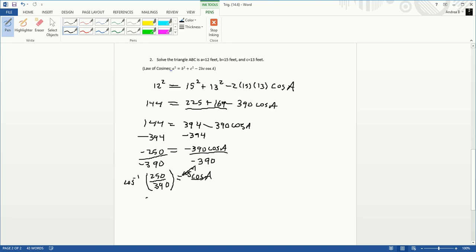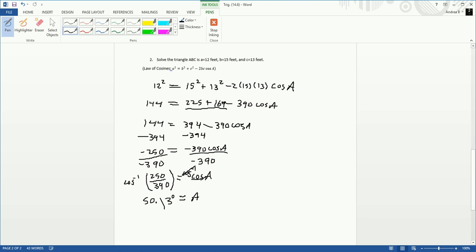Here you should get about 50.13 degrees for your angle A. Depending on the problem, you may need to round your answer, so read the directions to see what it specifies.